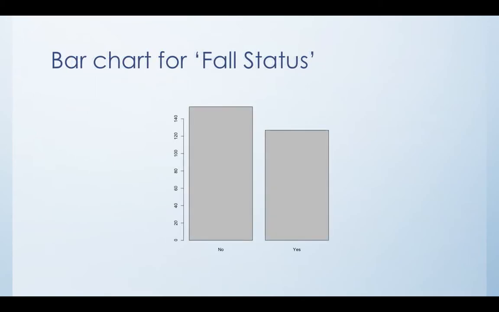A bar chart for fall status gives you an even better indication of this. So we could follow the top of the bars over to the left axis and get an indication of the frequencies.